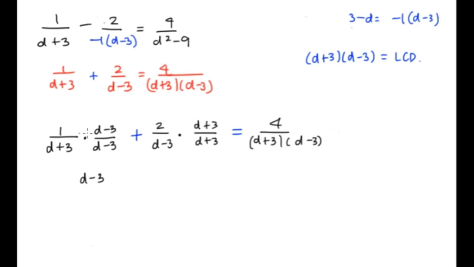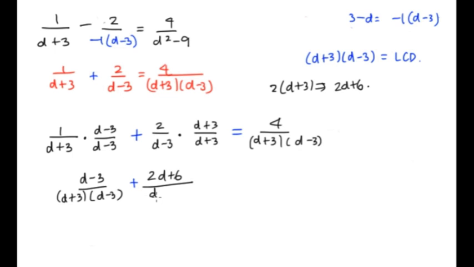Multiplying across, 1 times D minus 3 is just D minus 3 over D plus 3 times D minus 3, plus 2 times D plus 3, which is 2D plus 6, distributed out, over D plus 3 times D minus 3, equals 4 over D plus 3, D minus 3.